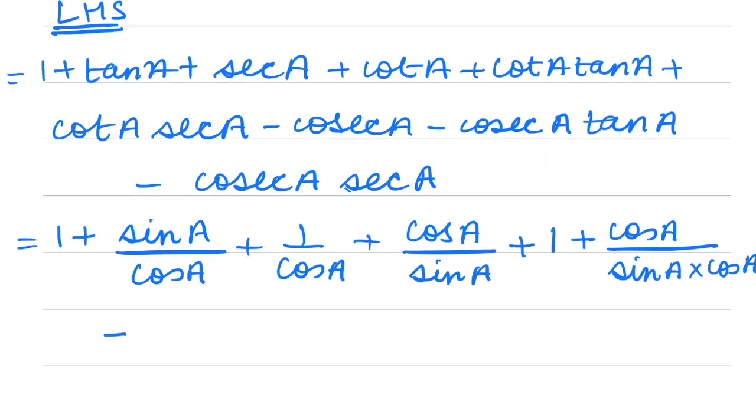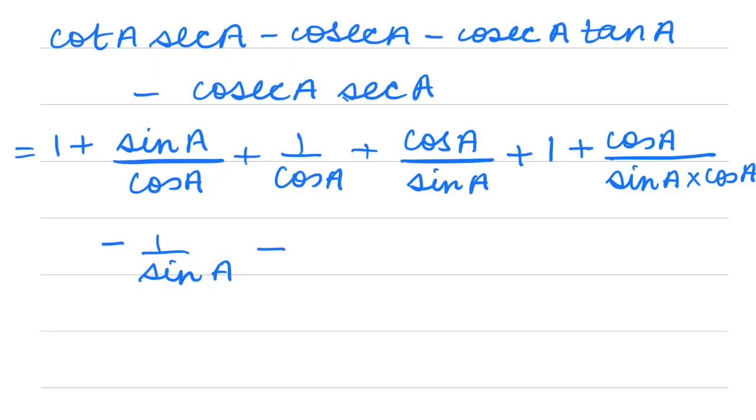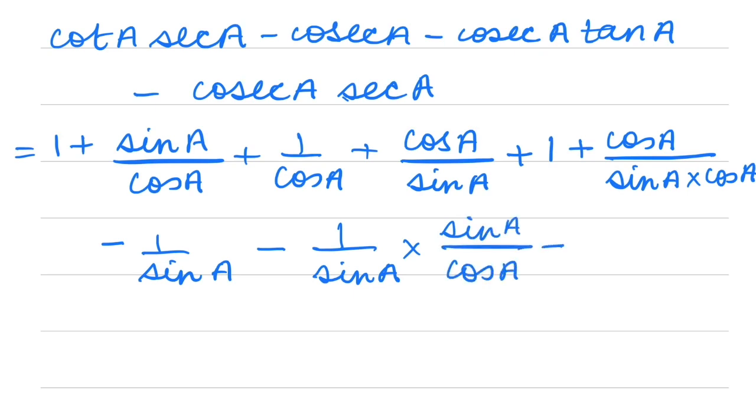Then cosec is 1 by sin a, minus cosec a is 1 by sin a multiplied by tan a, so sin a by cos a, minus cosec is 1 by sin a multiplied by 1 by cos a. So here cos a gets cancelled and sin a gets cancelled.